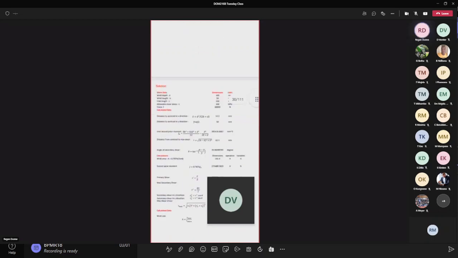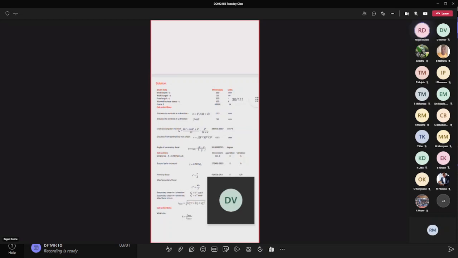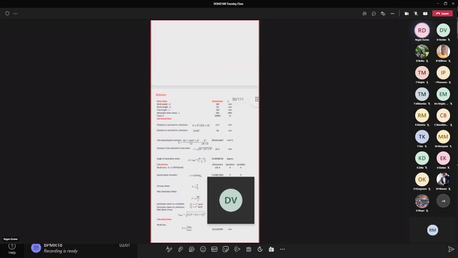That's the case for all of these problems. We look for the centroid of the weld, not the centroid of the actual shape of the material. So we find x bar is 12.5, y bar is 50. Then using table 9-1 for torsional problems, we can find the polar moment of inertia.